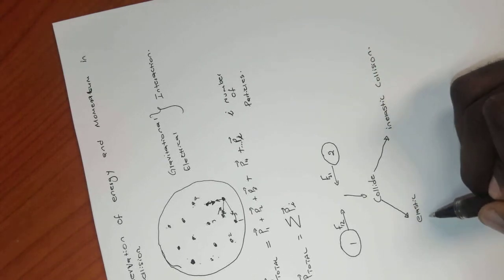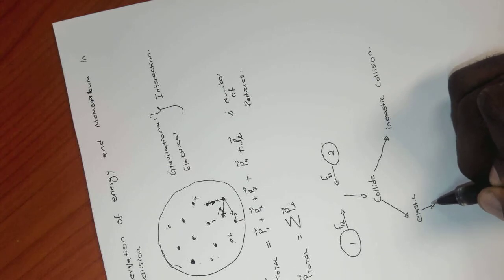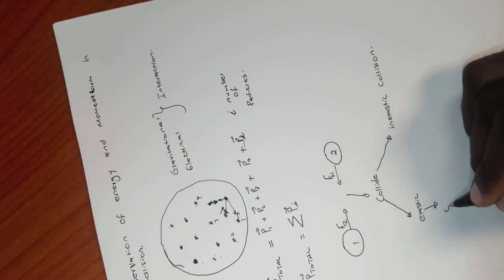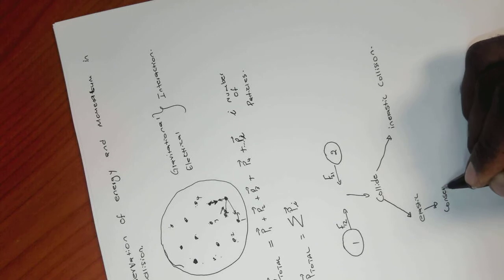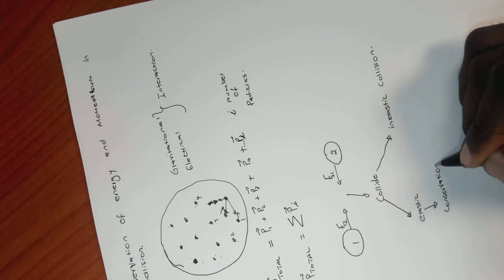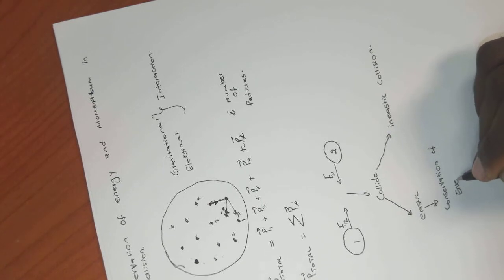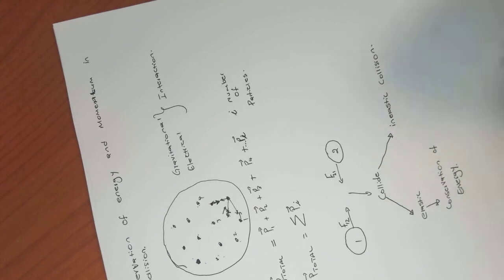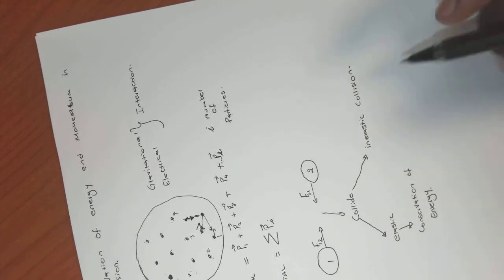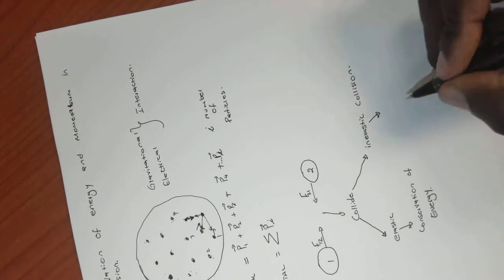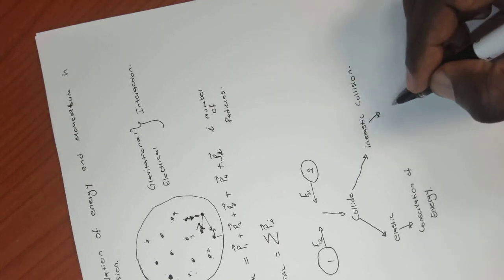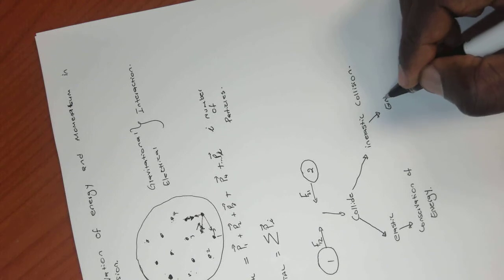So in an elastic collision, this is what we call the conservation of energy. We have the conservation of energy. Obviously here, in the inelastic case, it's the opposite, so there is an energy loss.